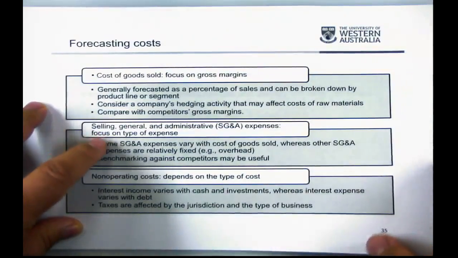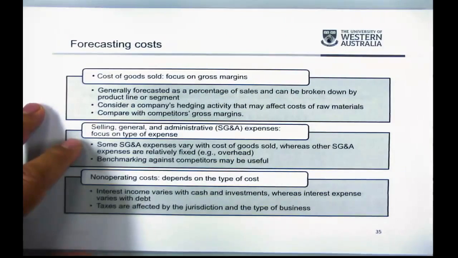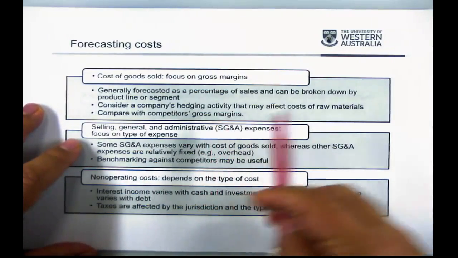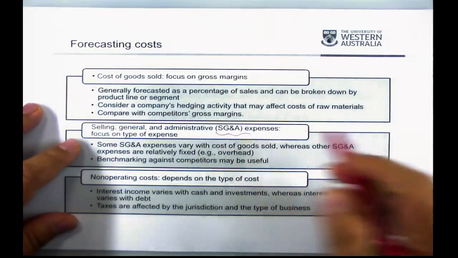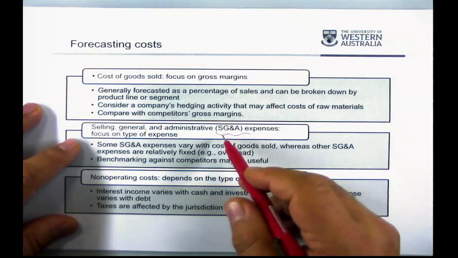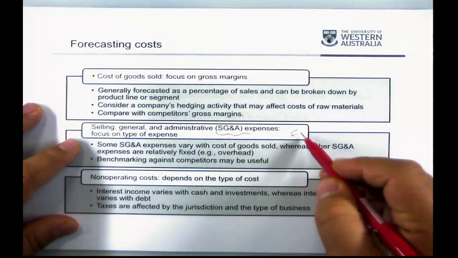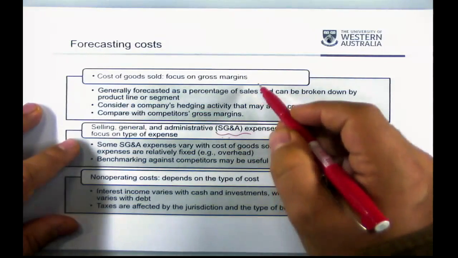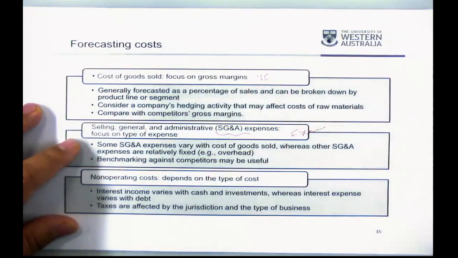Be careful that sometimes the fixed costs are called SG&A expenses. Some of these are usually called fixed costs, and these are the variable costs.